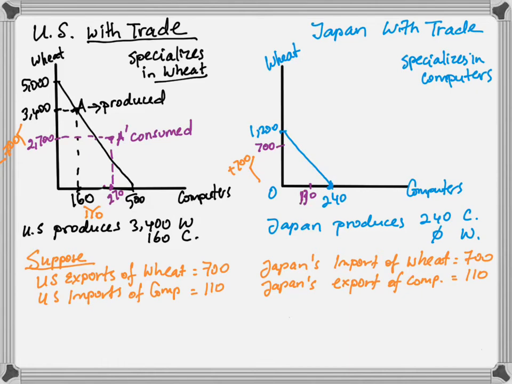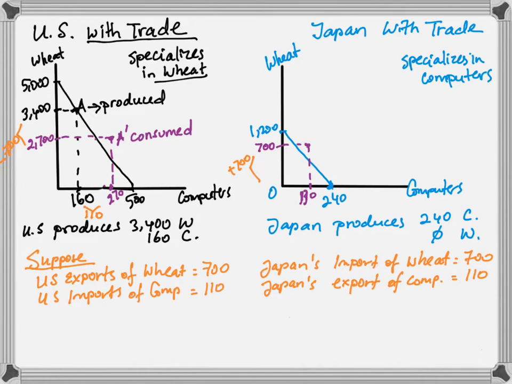So when we look at the consumption possibilities for Japan, if we combine the two, once again, we have this combination that is outside Japan's production possibilities.